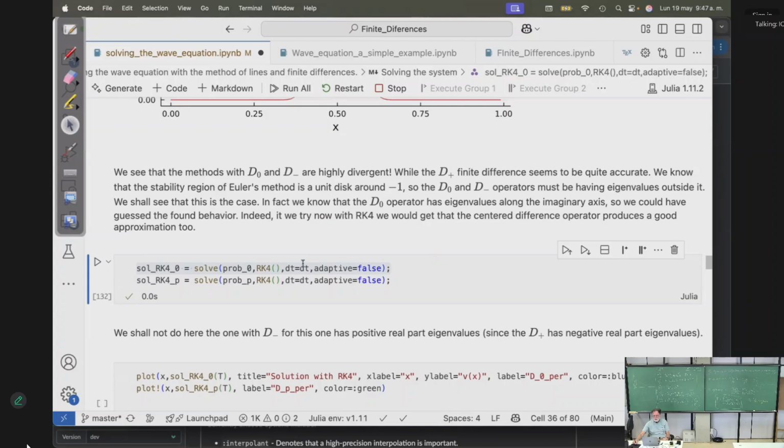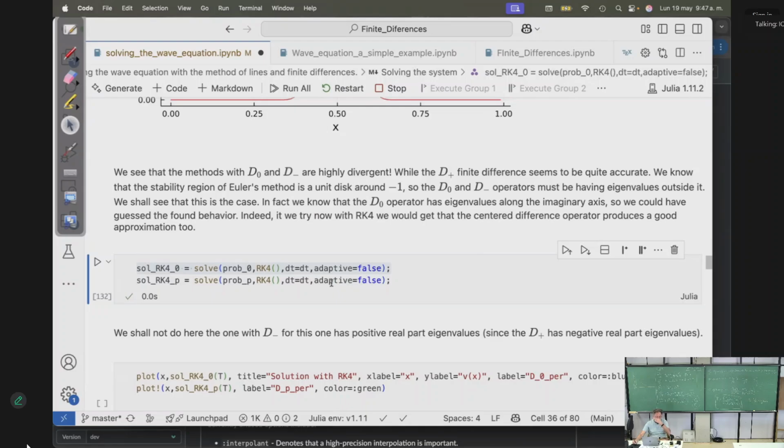Adaptivity means that these libraries can check the equation, and if the equation doesn't need a dt so small, they will make the dt larger, or otherwise, if the dt is too large, they will make it smaller. So we don't want the dt to change, so we put this false here.